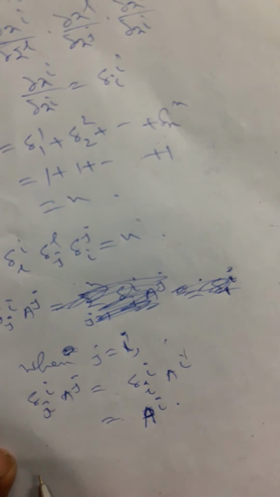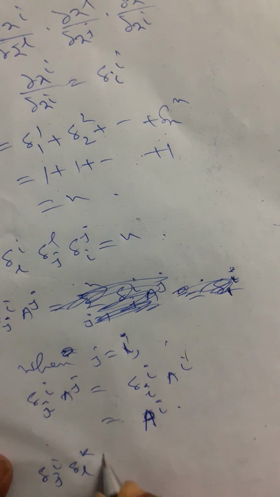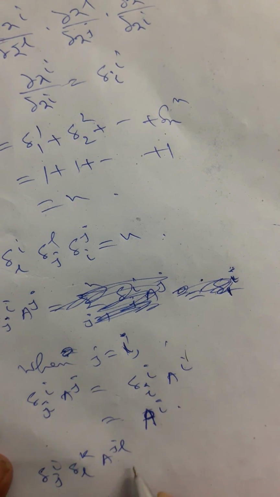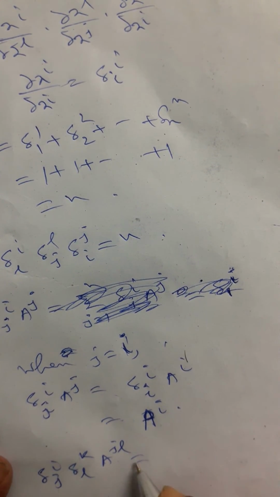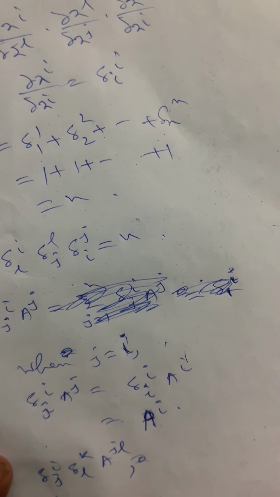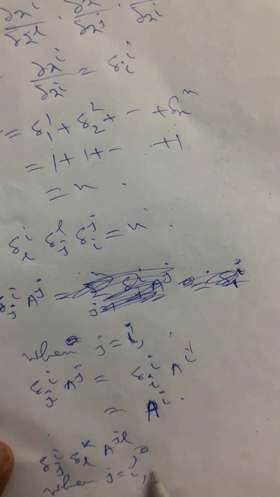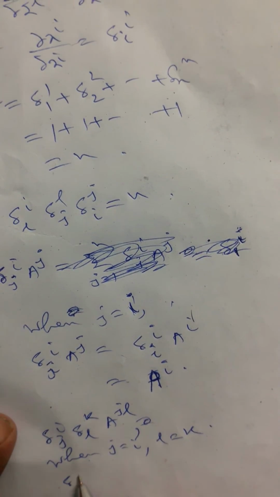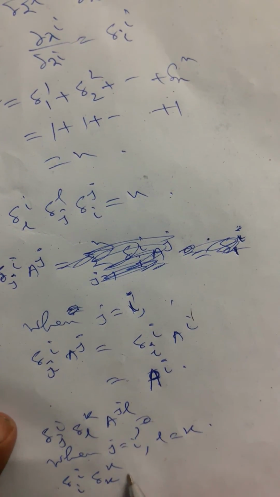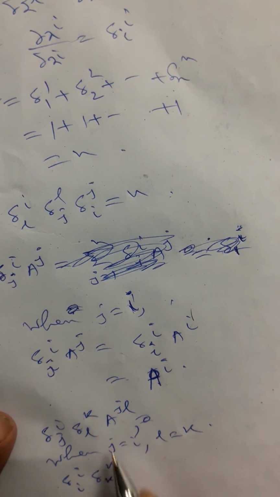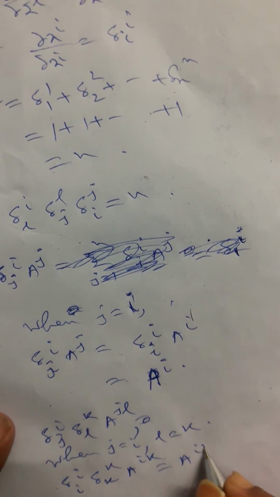Similarly, we can say delta_ij delta_kl a_jl, summing over j and l. When j is equal to i and l is equal to k, we have delta_ii delta_kk, and the result will be a_ik.